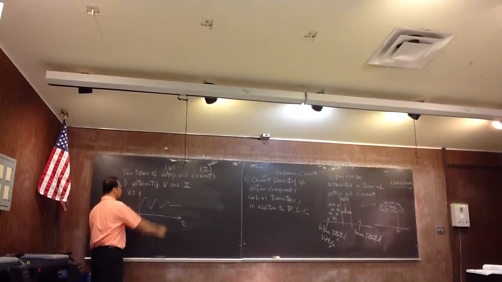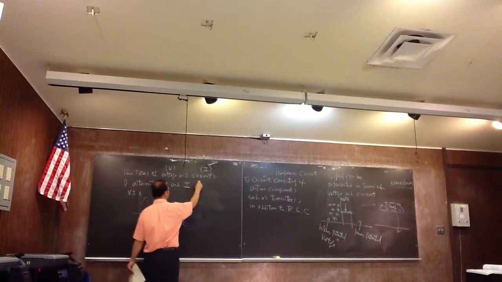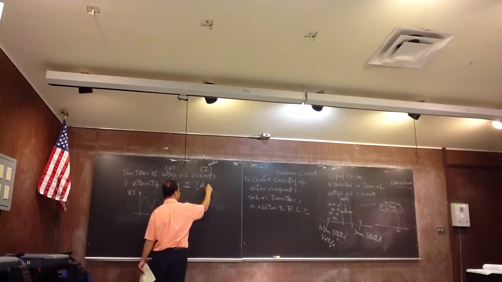So this is called alternating V and I, and we have a name for it. It's called AC.